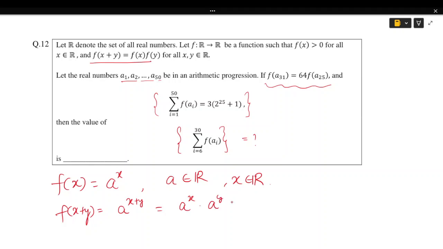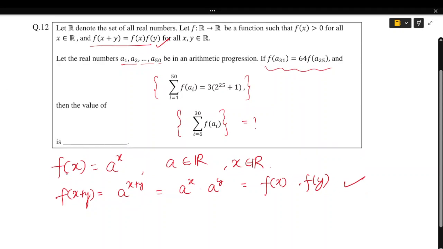So it will be a to the power x dot a to the power y. A to the power x is a function of x, a to the power y is a function of y. So it definitely satisfies the condition which has been mentioned over here. Now, next step. This is the condition of the function that we had to choose to work out this problem.